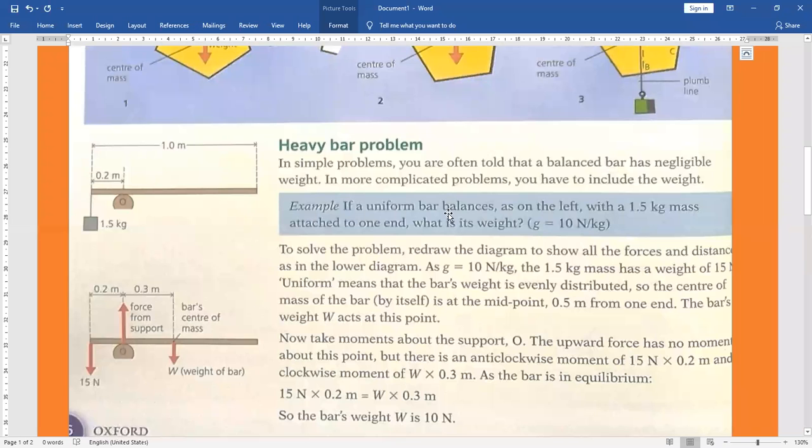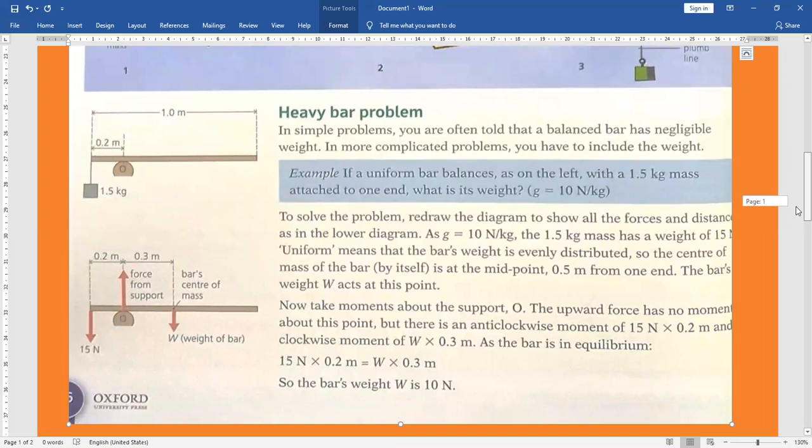Example: if you have a uniform balance bar as on the left with 1.5 kg mass attached at one end, what is the weight of the bar if g is 10 N/kg? So for this purpose, what we have to do is find out the center of mass, the actual weight.